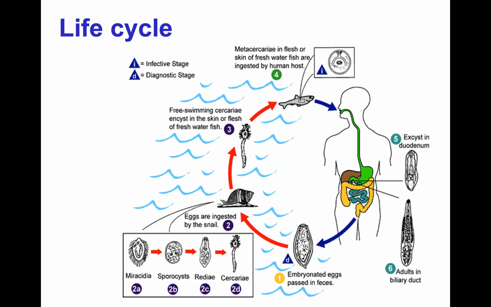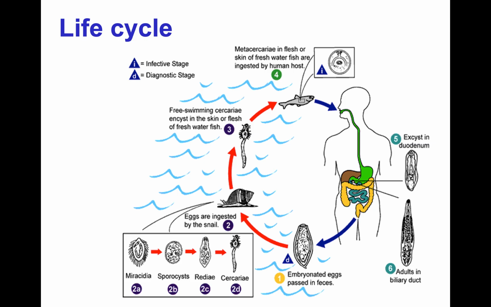We can start from the top. So at this time, the freshwater fish are ingested by human hosts, because the Metacercaria live in the flesh or under the skin of freshwater fish.